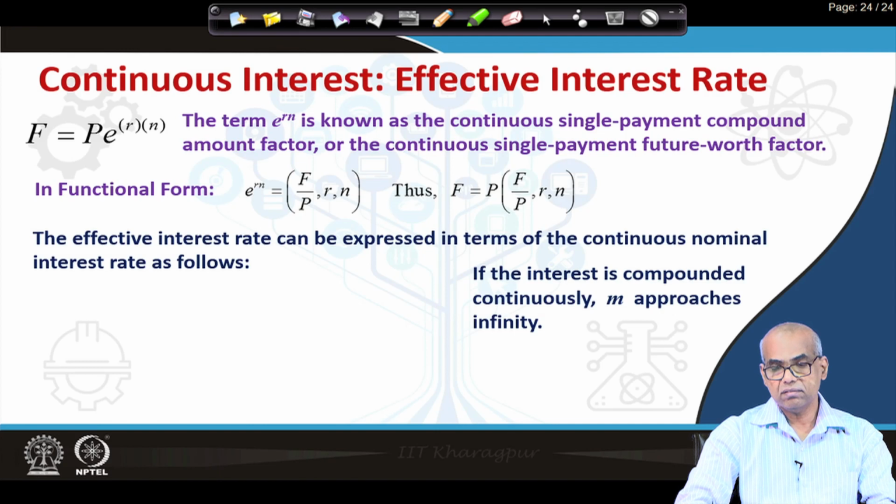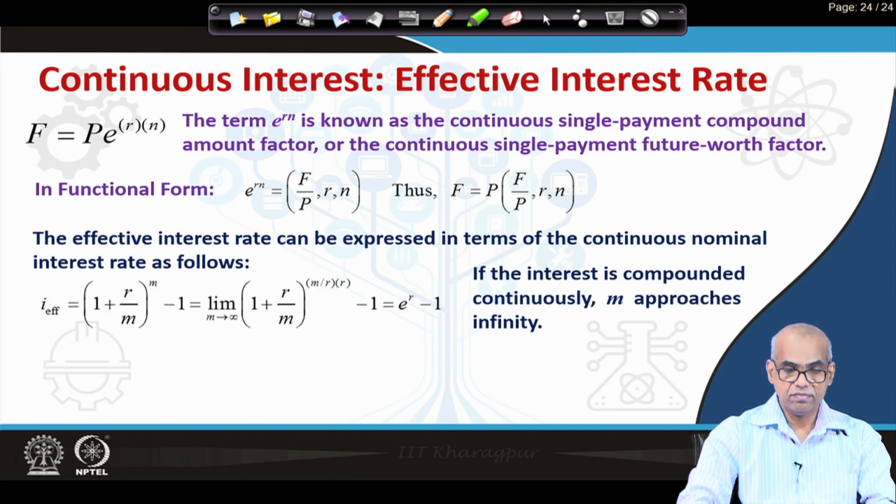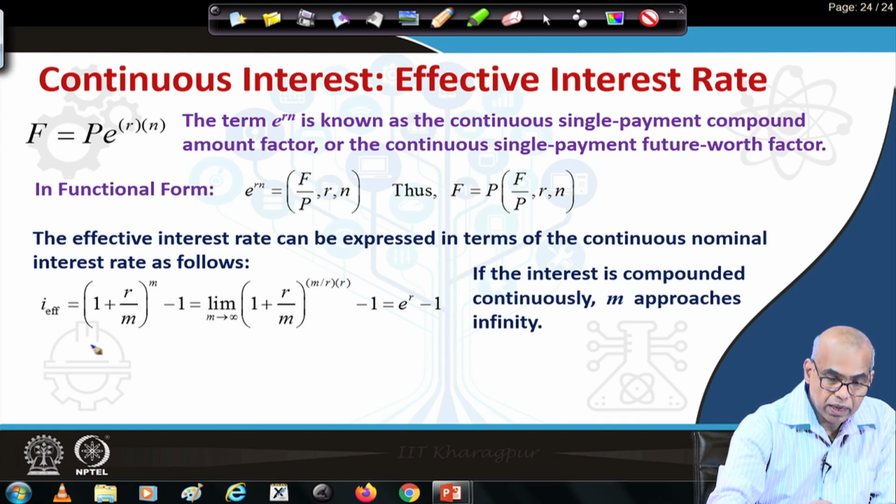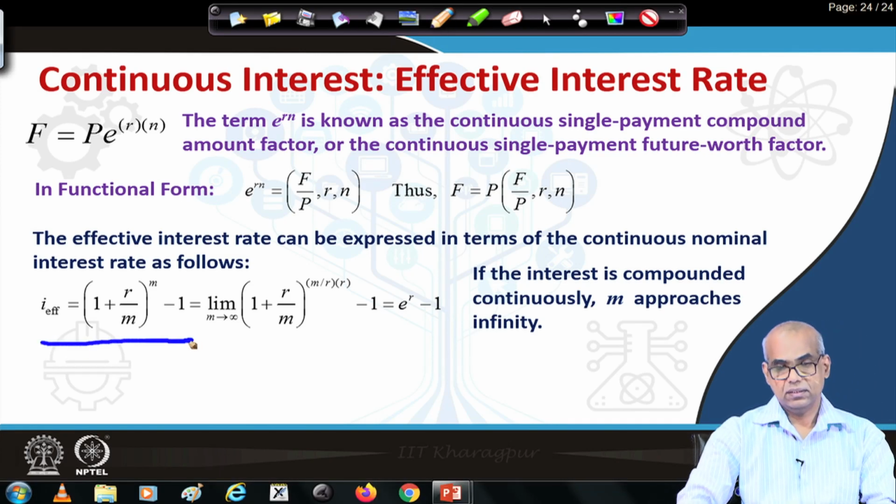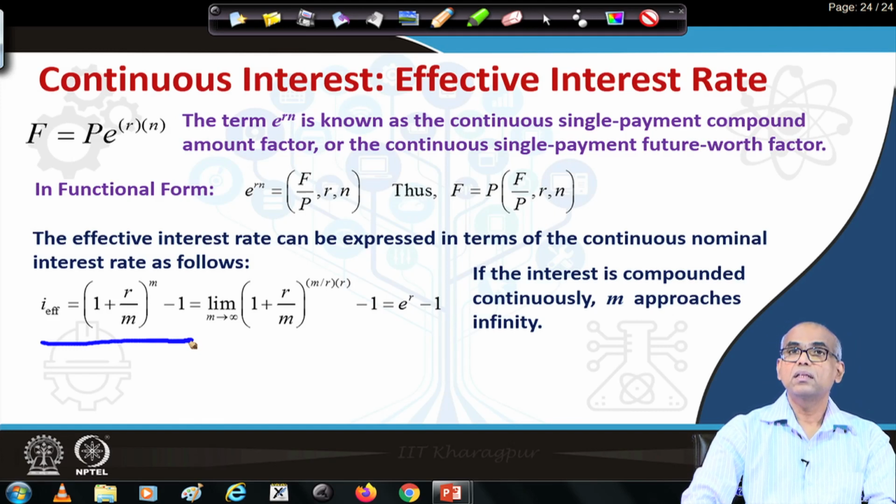The effective interest rate can be expressed in terms of the continuous nominal interest rate. Remember, if the interest is compounded continuously, m will approach infinity. So, i effective, we have seen previously, is i effective equal to (1 plus r by m) to the power m minus 1. So, here when the rate of interest is continuous, m has to approach infinity.